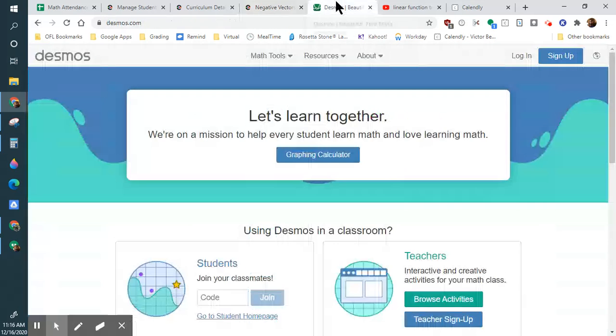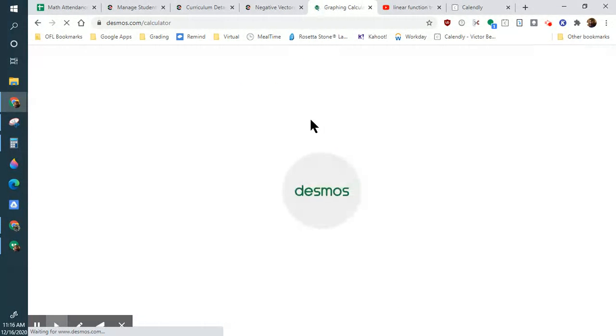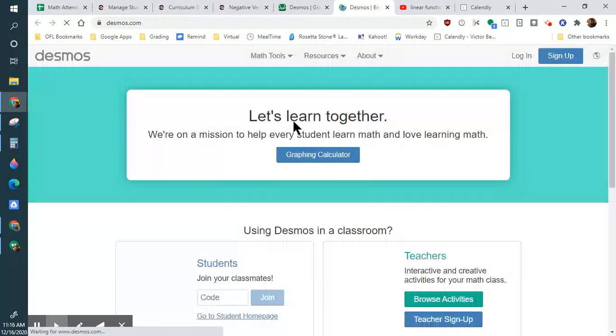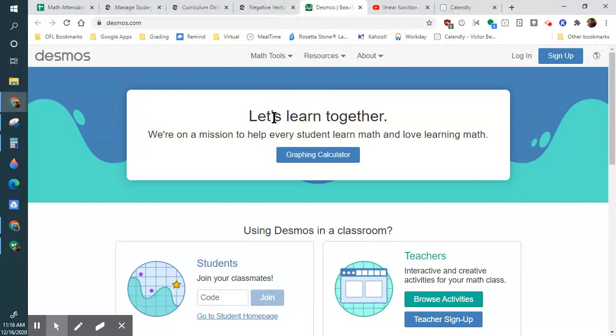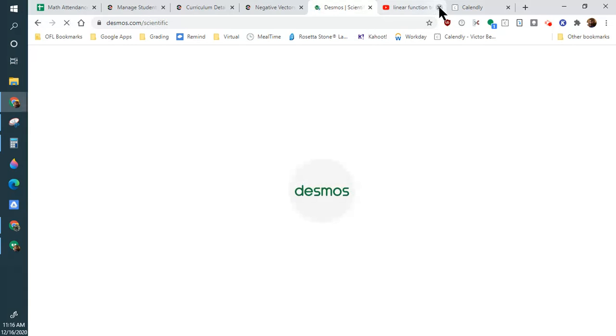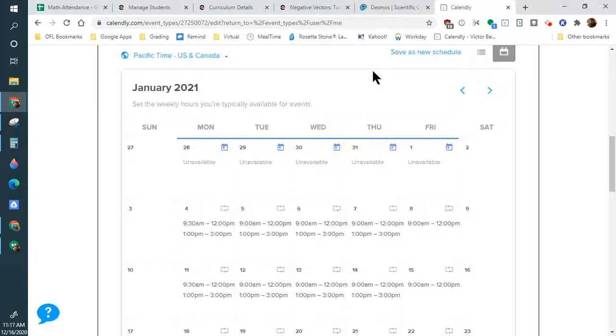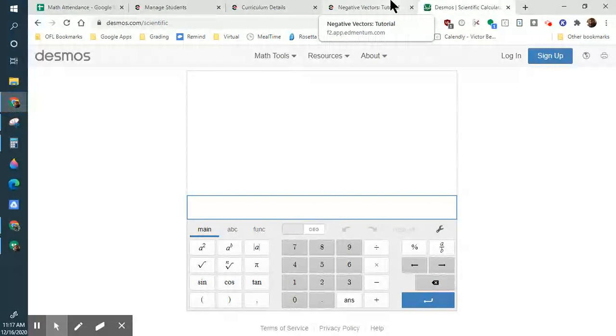So we're going to do scientific. Oh, no, not graphing. Scientific calculator. Come on. Now's not the time to go slow, internet. Okay. Perfect.